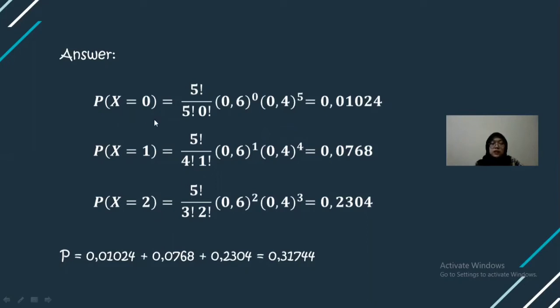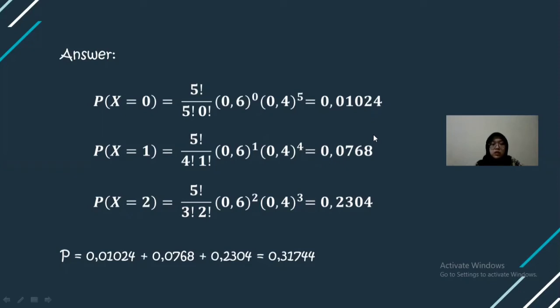For P(0), we get the probability is 0.01024, and for P(1), we get 0.0768, and for P(2), we get 0.2304.